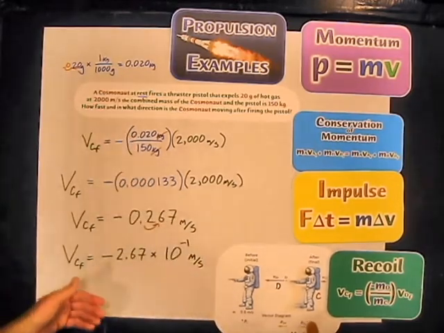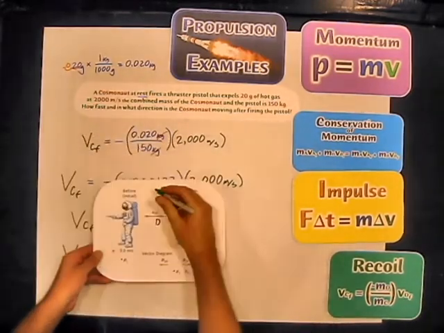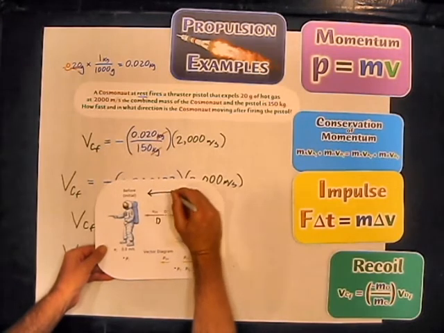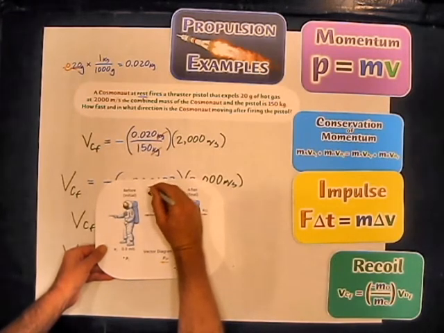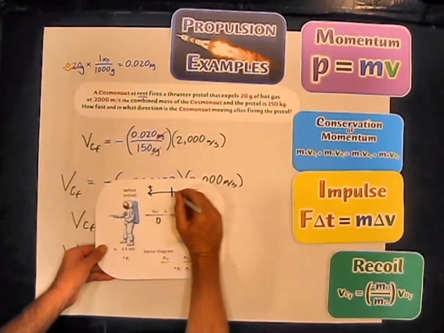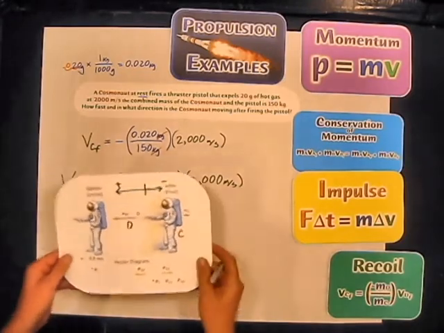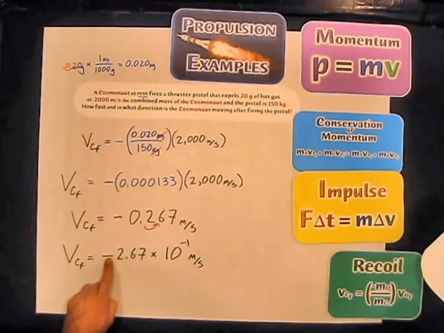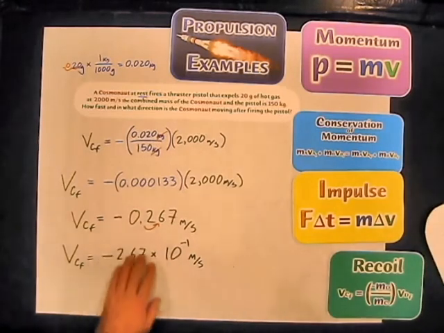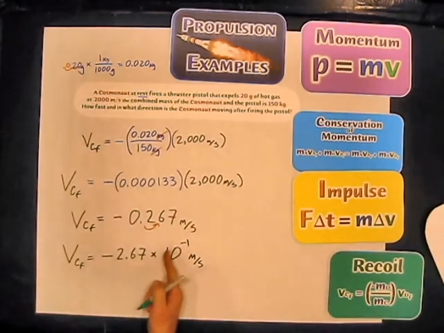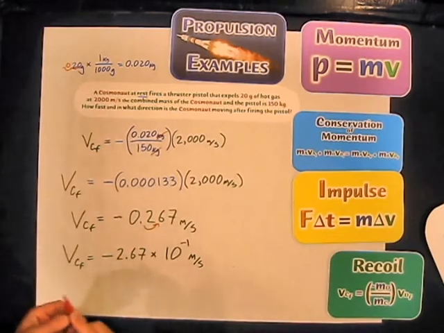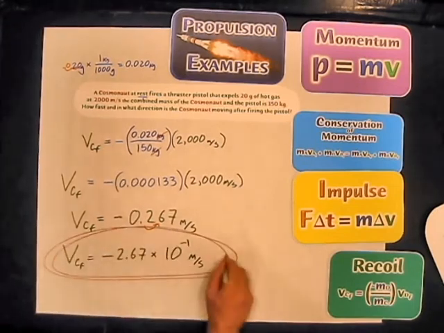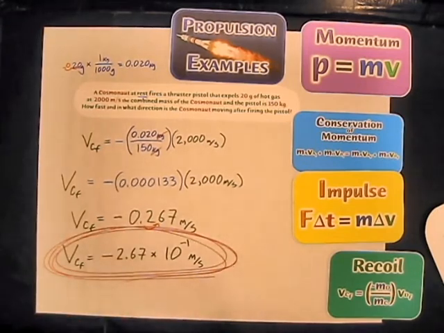So if you define that as positive, which we didn't even mention that we did, well then the other direction must be negative. So the cosmonaut is actually going in a negative direction and not moving too fast. That doesn't seem so fast if it's a number less than 1. And then circle your answer. That would be your answer.